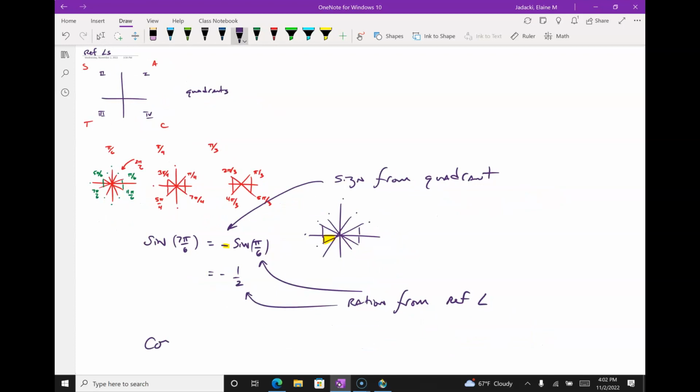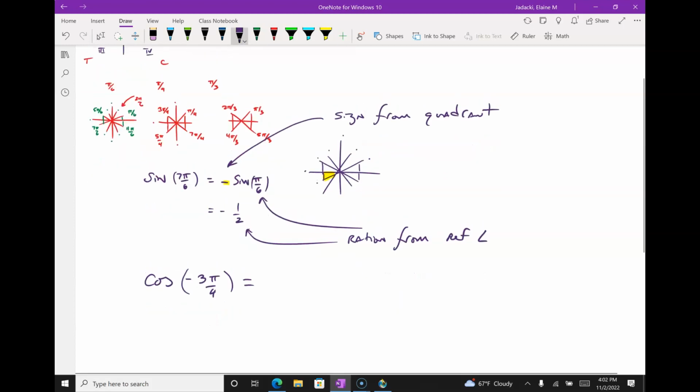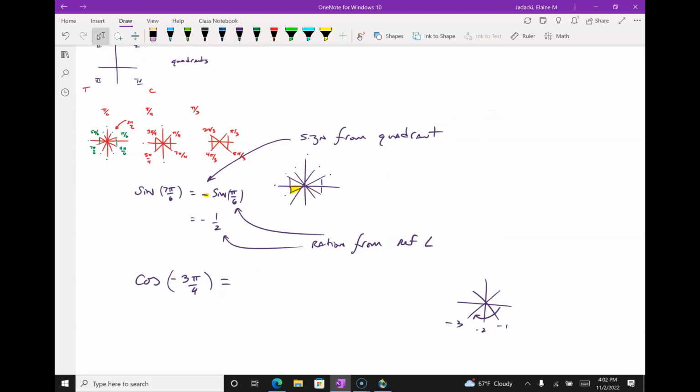Let's do the cosine of negative 3 pi over 4. So we're cutting pi into 4, which means the whole pizza into 8, and we're counting to the negative 3, right? So negative 1, negative 2, negative 3. You see? When I'm counting negative, I'm going clockwise, right? So cosine is an x.